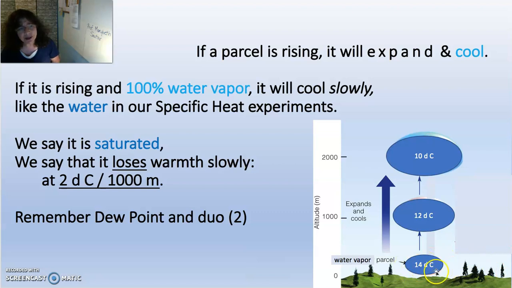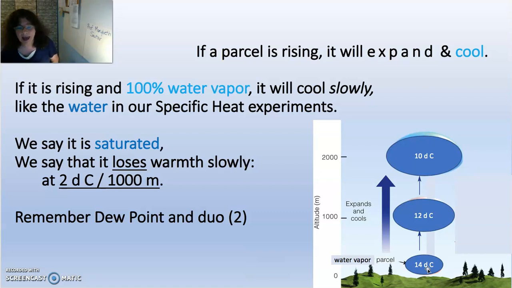But this is air at the dew point. It starts off at 14 degrees Celsius. And we know that when the regular air meets the dew point, you will have a cloud. When we get that intersection of the dew point adiabatic lapse rate and the dry adiabatic lapse rate, we will have the cloud base.